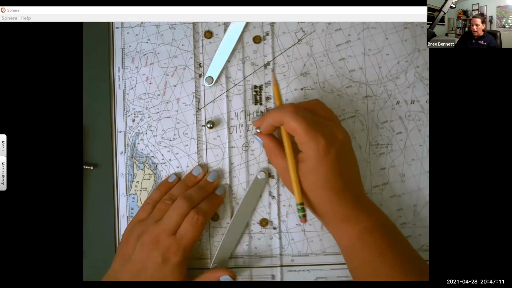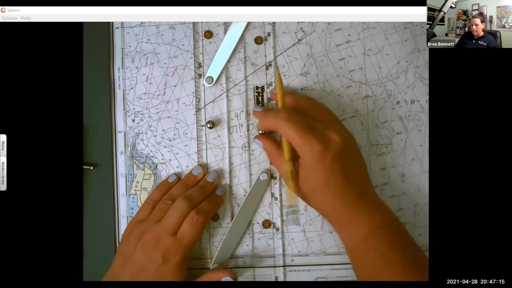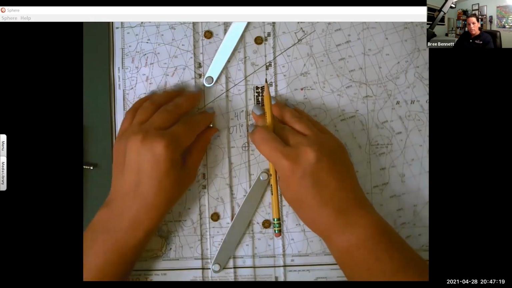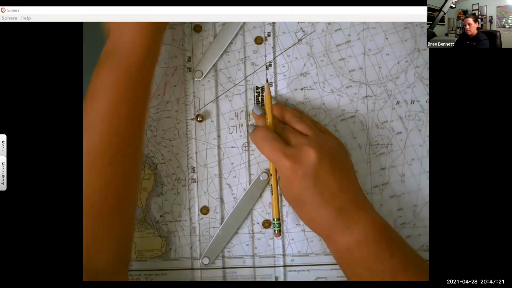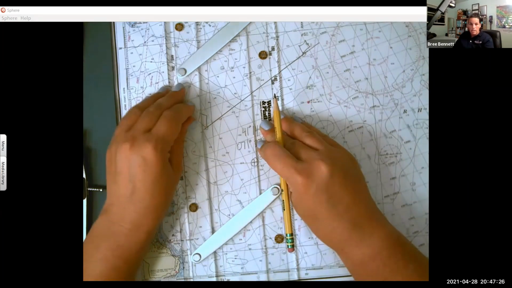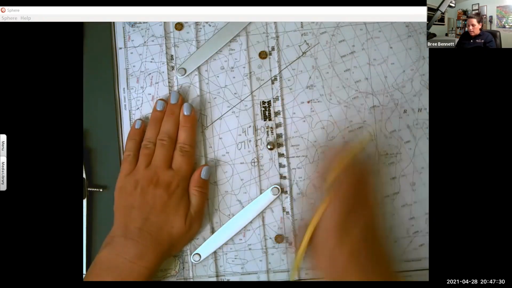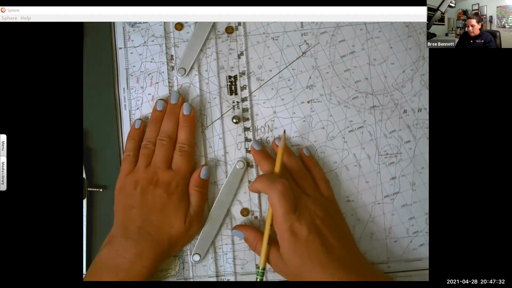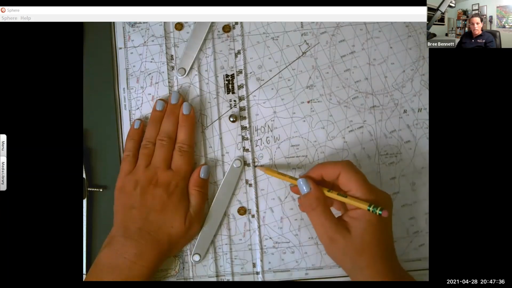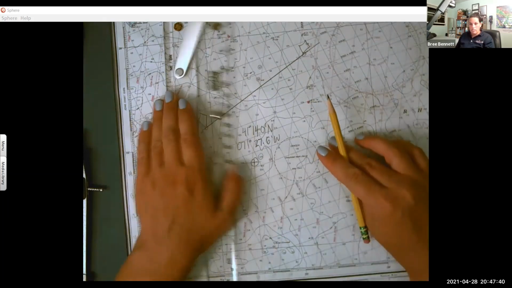So I prefer not to use the back side of the ruler just because I don't know if it's exactly straight. I would move this one further away, and then put pressure on this guy, and then parallel this back until it gets in line with my position. And then I can draw in my longitude line.